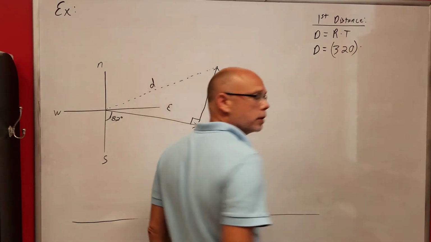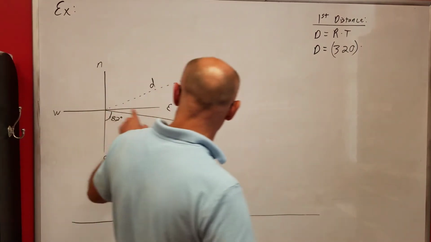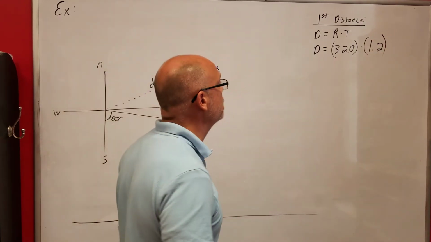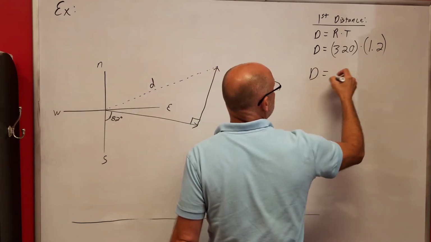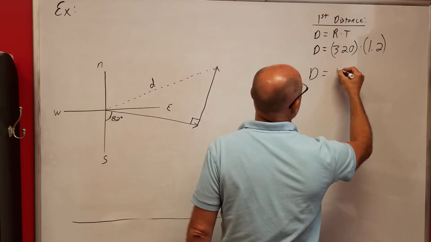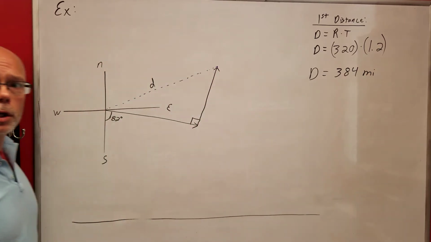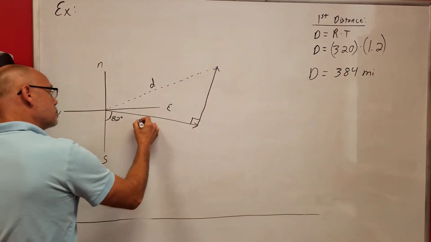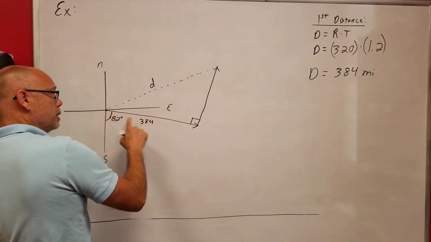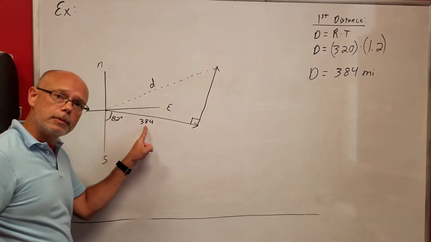I'm going to exclude the units for now just to make it easier. And how long did it travel this way? For 1.2 hours. So you multiply those two, and you get D is equal to 384, and the distance is in miles, 384 miles. So that side of my triangle has a length of 384.